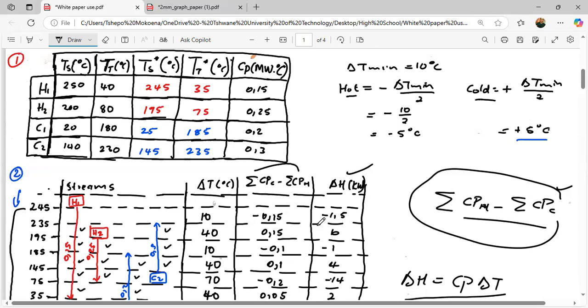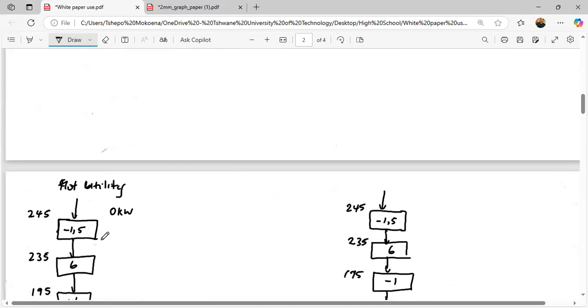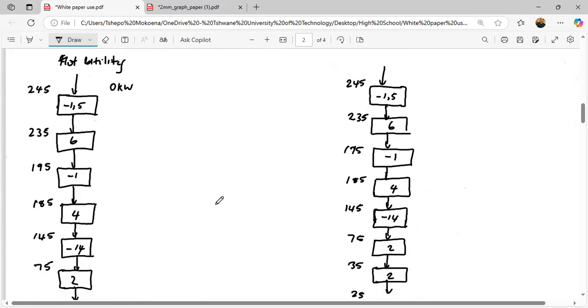But if I did it like this, I was going to add moving downwards. You get my point? So here I will be minusing. So I'm going to say 0 minus 1.5. That will give me positive 1.5 kilowatts. And then I'm going to say 1.5 minus 6. That will give me negative 4.5.